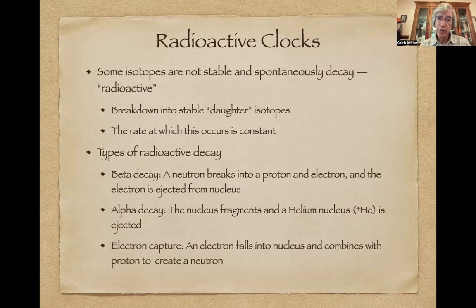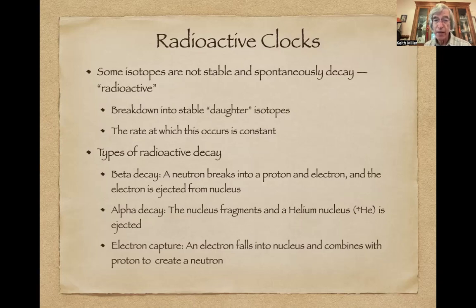There are several different kinds of radioactive decay. There's beta decay, in which a neutron breaks into a proton and electron, and the electron is ejected from the nucleus. So a neutron turns into a proton, which means the mass, the weight of the atom, stays the same, but its charge changes, which means its elemental name changes.